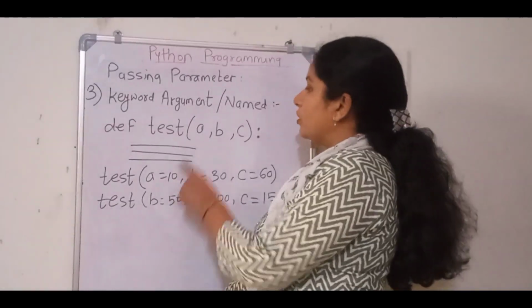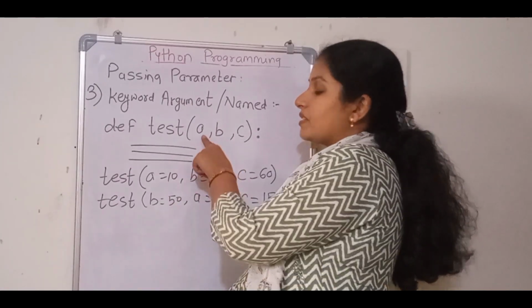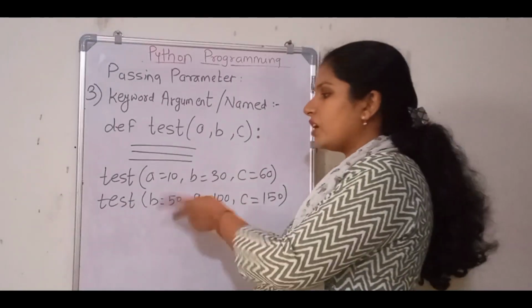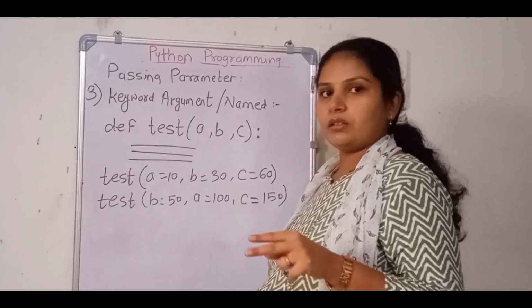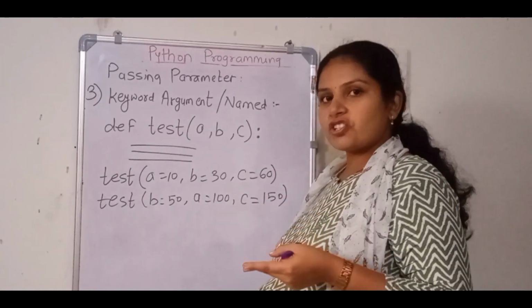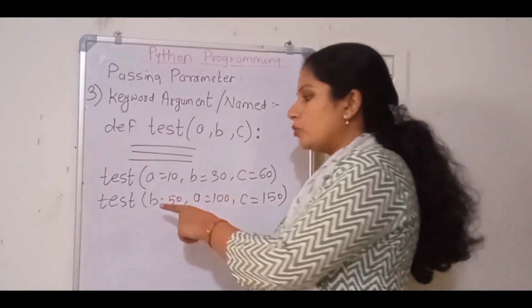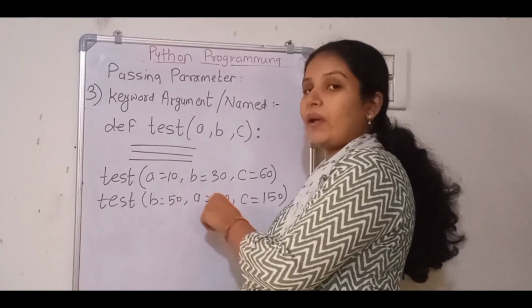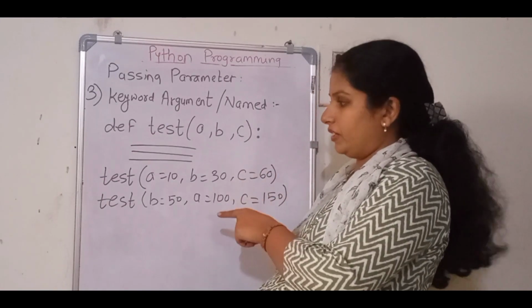So B equal to 50 will be assigned to B, 100 will be assigned to A, and 150 will be assigned to C. So you can change the sequence of any. But remember, when you are mixing the types of parameters, suppose you are going with the positional parameter and named parameter, then you must consider the sequence as well as the name of that particular variable.